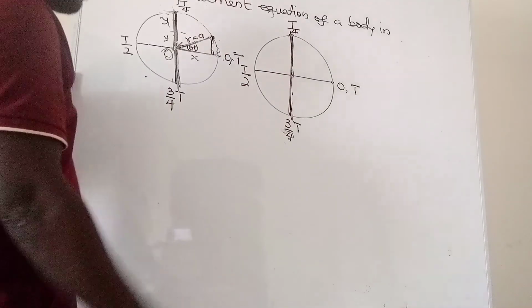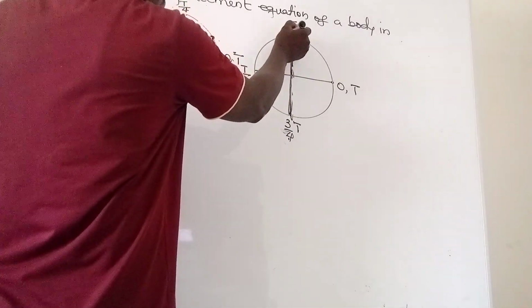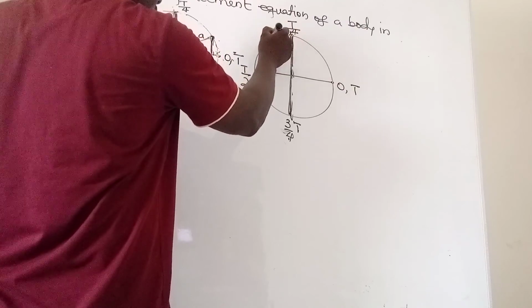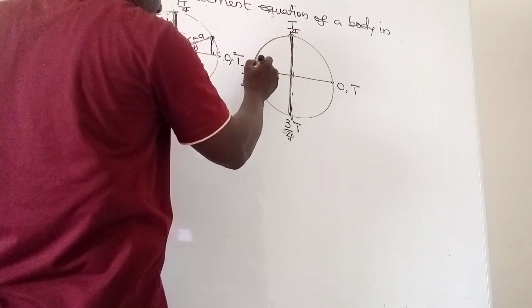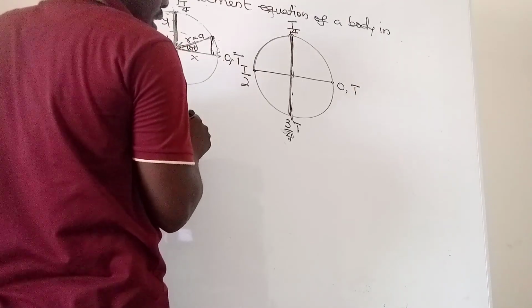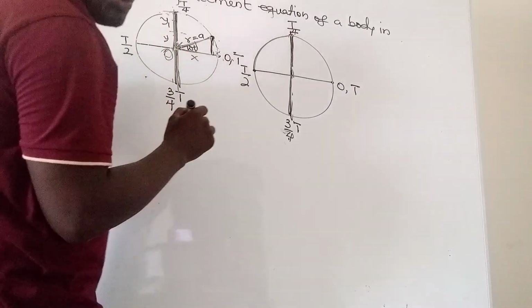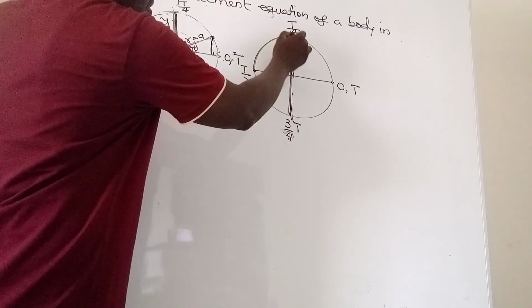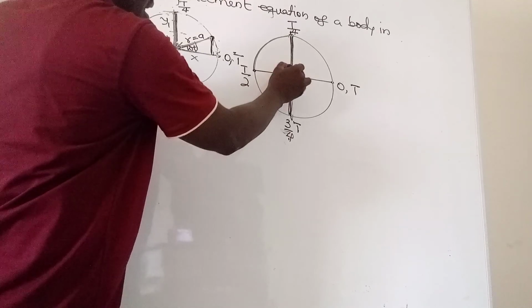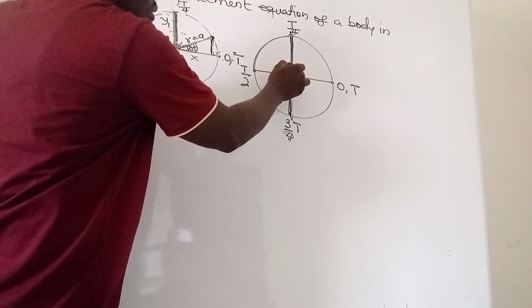Alright. Now, at time t is equal to period on 2, what is the displacement of the object on the y-axis? When the object is here, its displacement is 0.